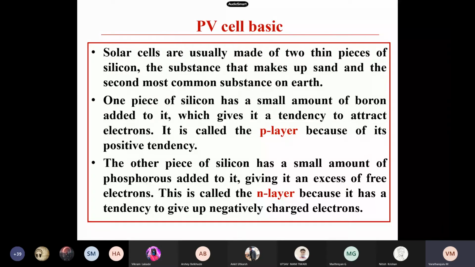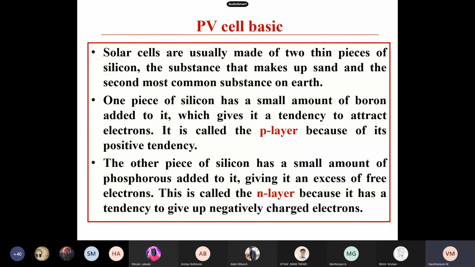When we join these n-type and p-type, and yesterday I shared two videos which give an insight into the PV cell, solar cell, and the working principle of the solar PV panel. Adding boron to silicon converts it to p-type, and adding phosphorus converts it to n-type.